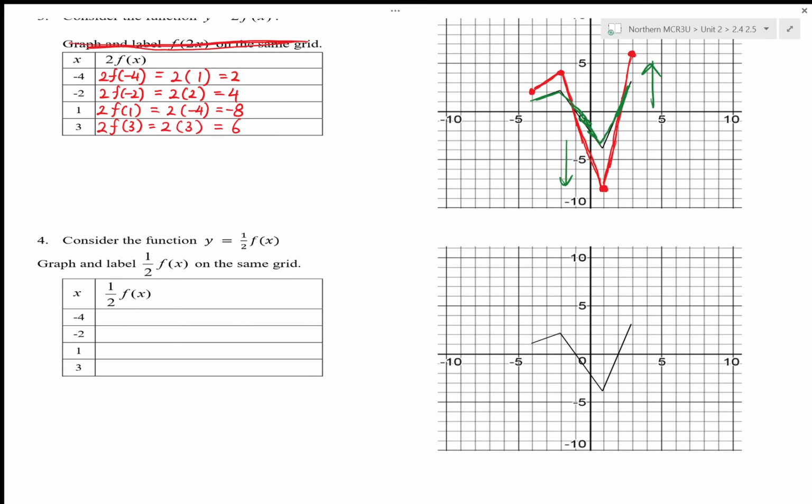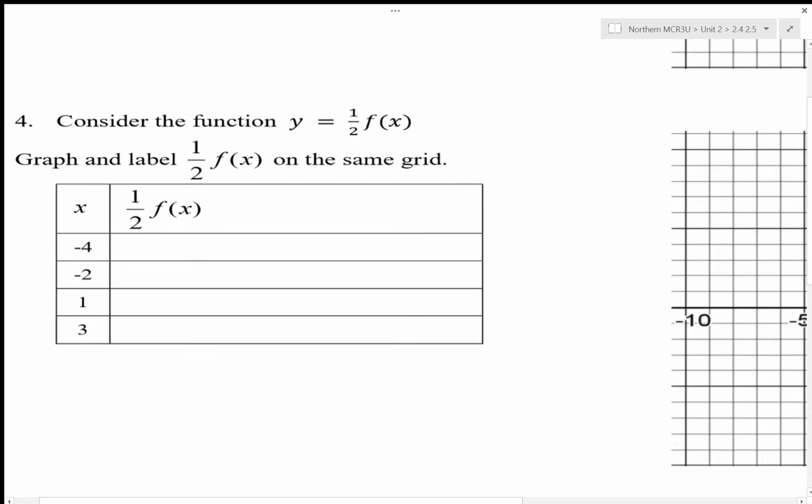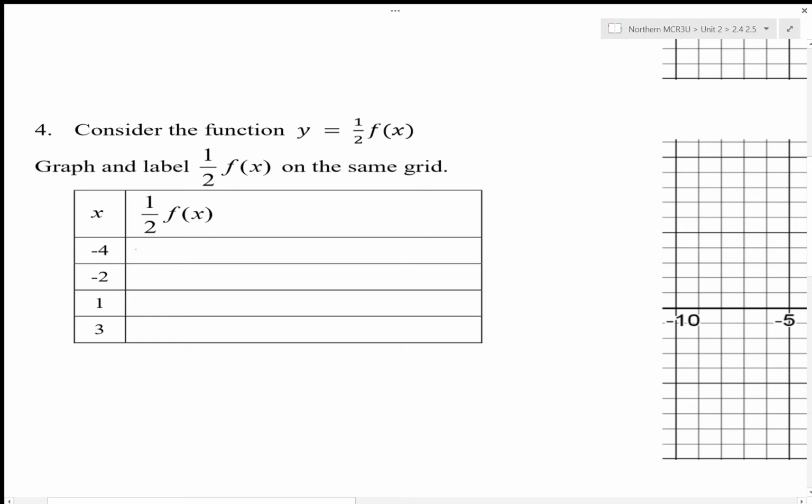Now if we go to the next one, this time it says 1/2 in the front. So it's basically the same way: 1/2 times f(negative 4). Well, that is 1/2 times 1, which gives me 1/2. Then 1/2 times f(negative 2) gives me 1/2 times 2, which gives me 1.